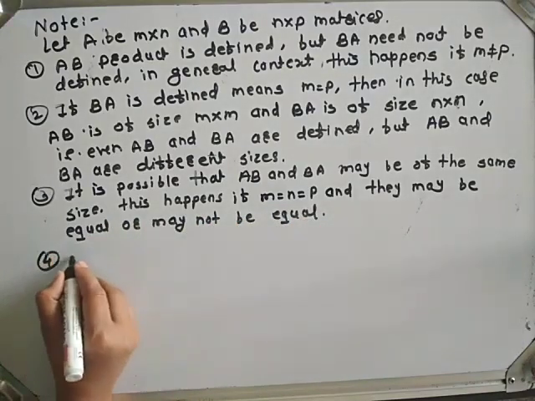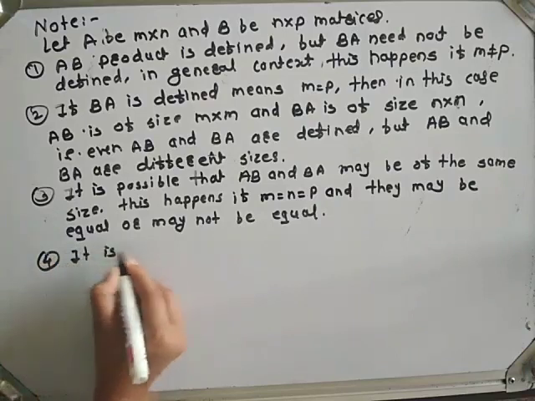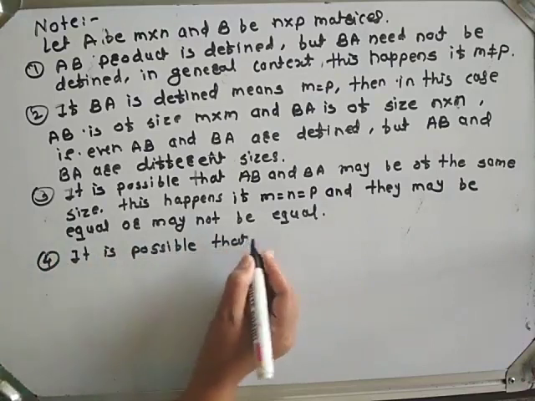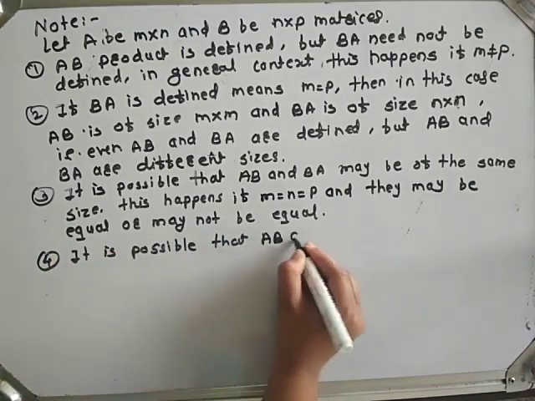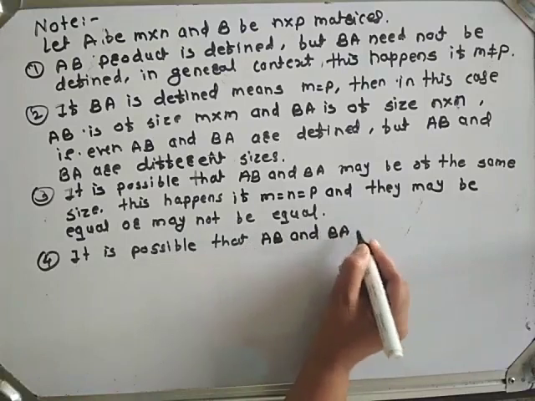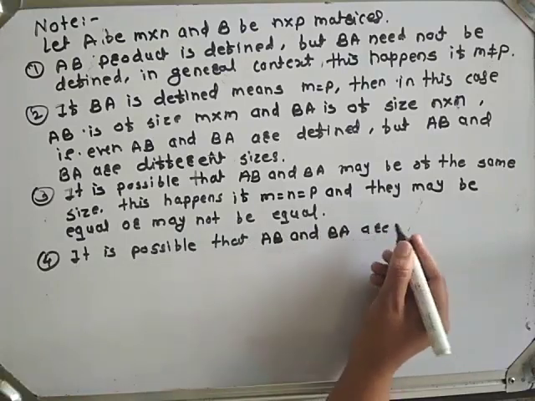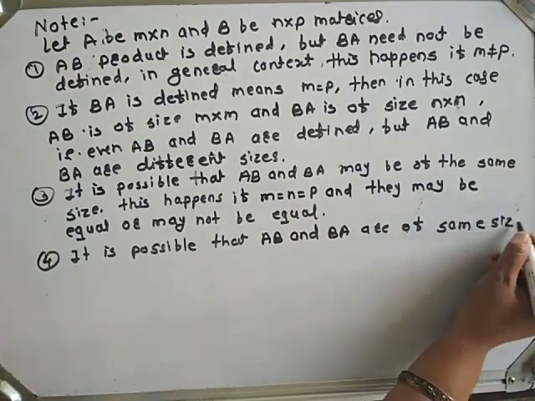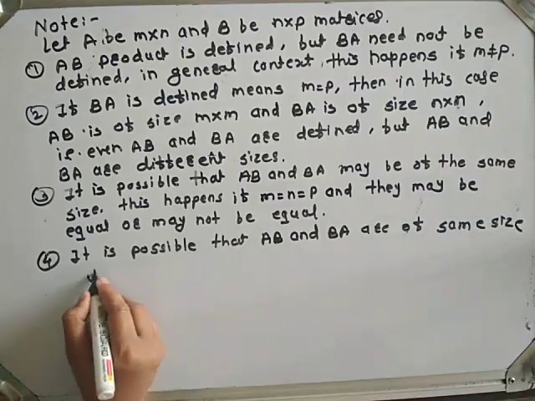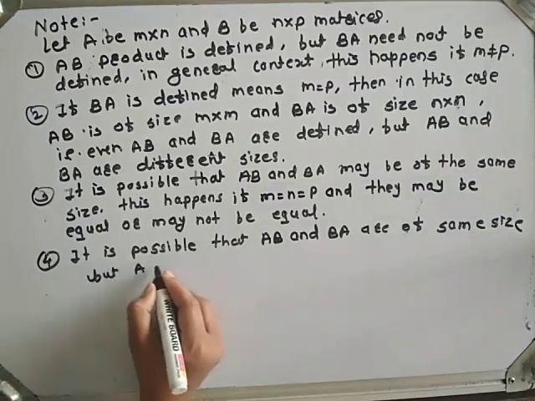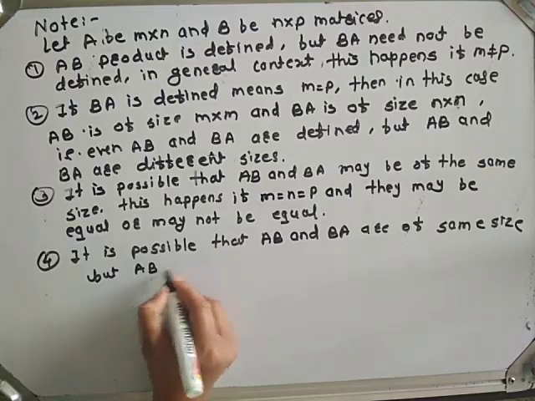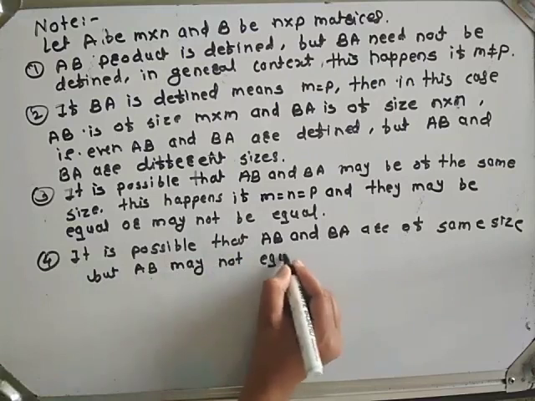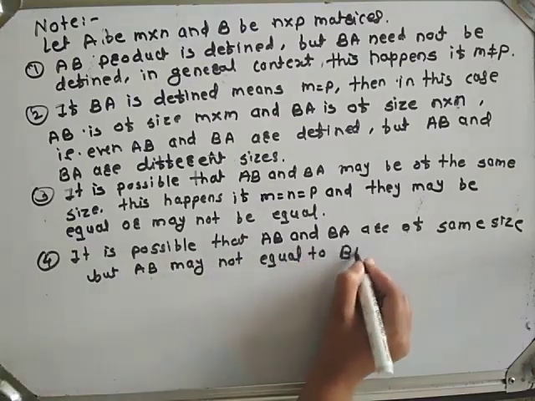And the last one: it is possible that AB and BA are of the same size, but AB may not be equal to BA.